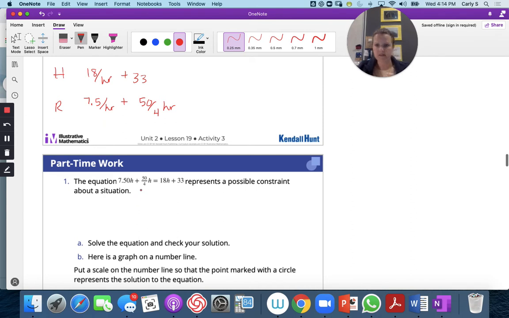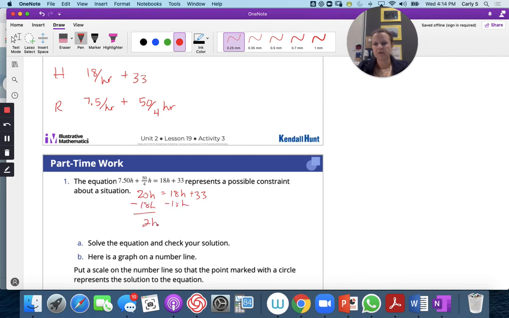All right? So I'm going to take this 7.50 plus 50 over 4, because those are like terms. 7.50 plus 50 over 4 is 20h, which equals 18h plus 33. Subtract 18h from both sides.